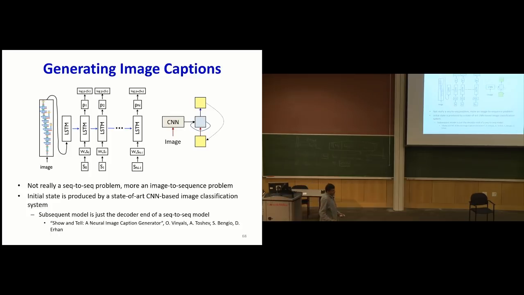In image captioning, the encoder is going to be replaced by an image classification network or an image processing network of some kind. So here, the initial state is produced by a state-of-the-art convolutional neural network-based image classification system, except that you don't just use the classification output, you could use any intermediate representation from it as well.